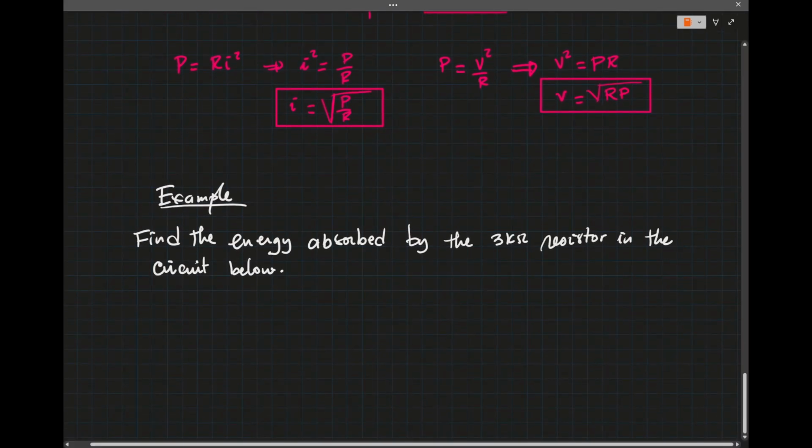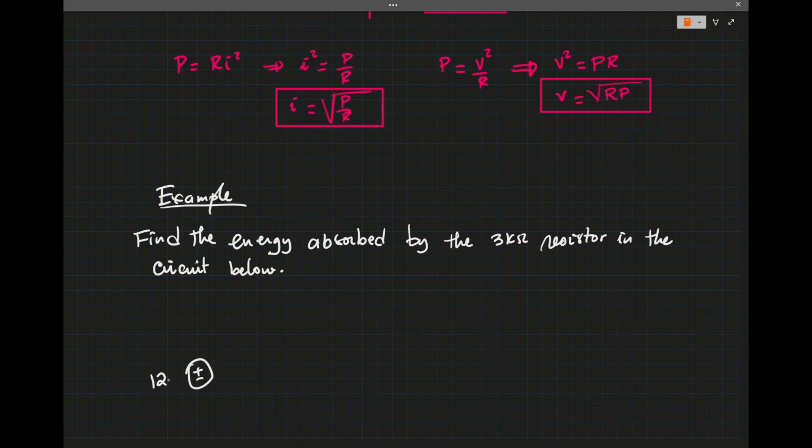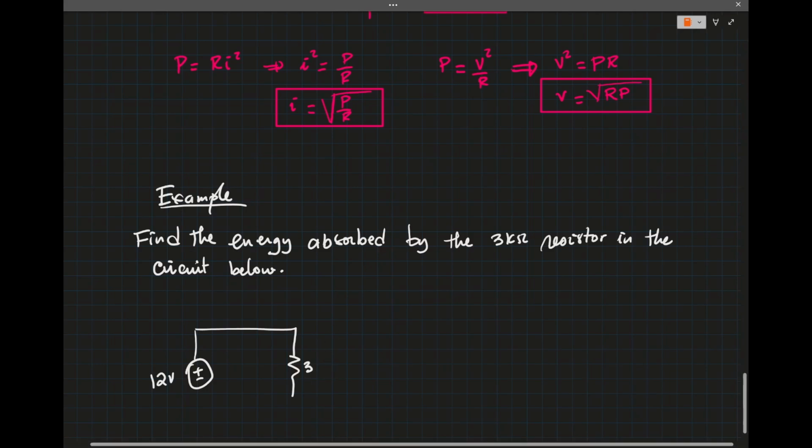Let's say that we have 12 volts applied to this 3 kilo ohm resistor, and we want to find the power.